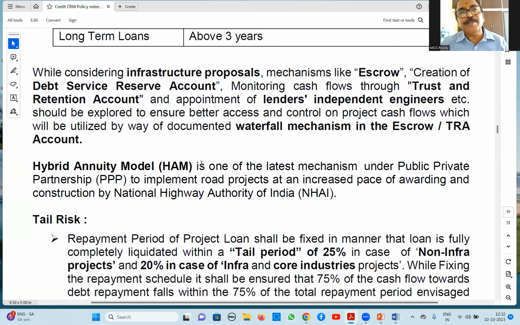Here, so many terminologies are there. I will explain in detail what each terminology is, one by one. What is escrow? What is trust and retention account? I will discuss.